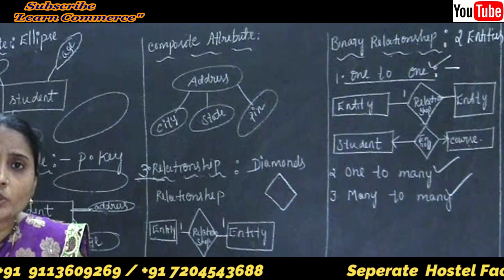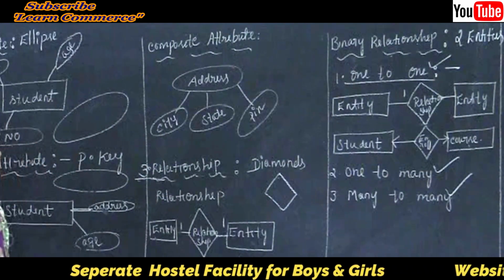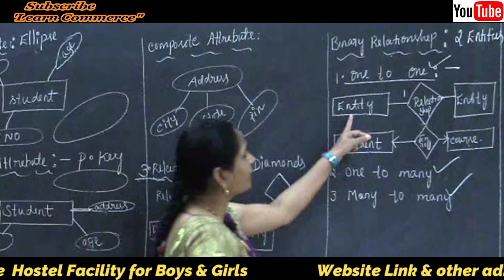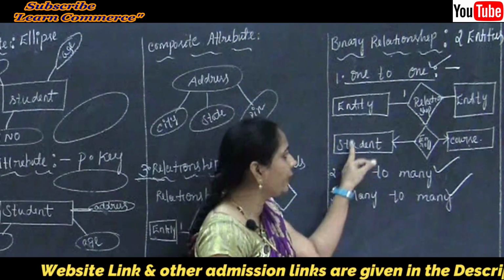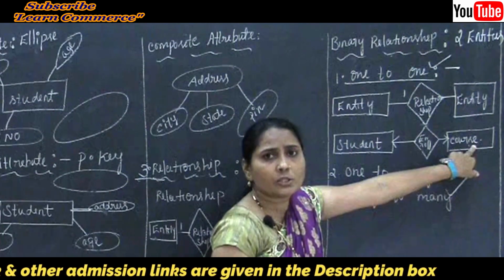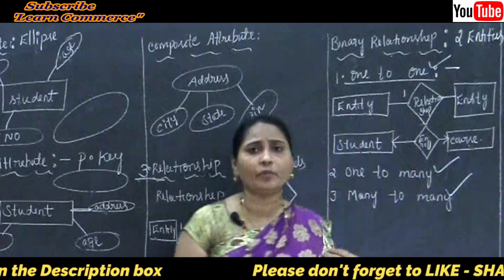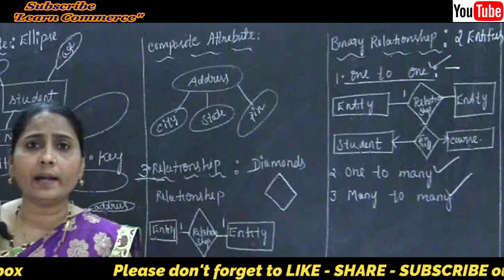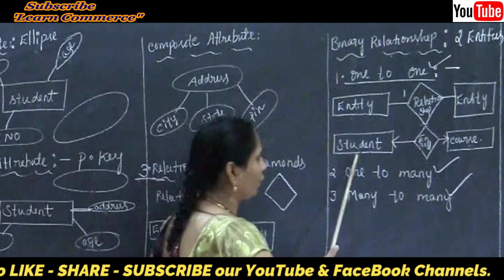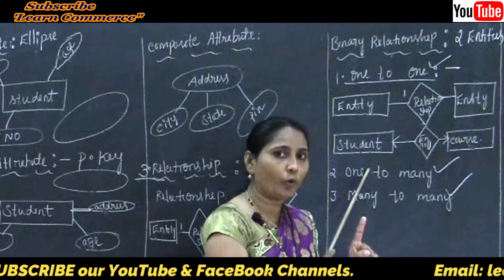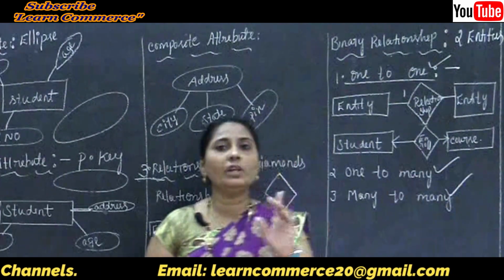So how does it make the relationship? This diagram shows the one-to-one relationship, because the student enrolls for the course. One student can enroll for only one course, and the course can also have only one student.